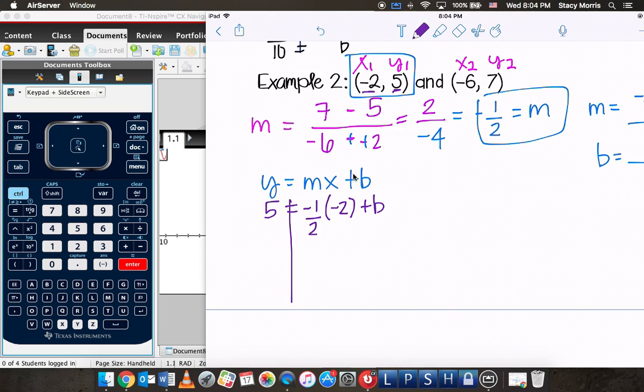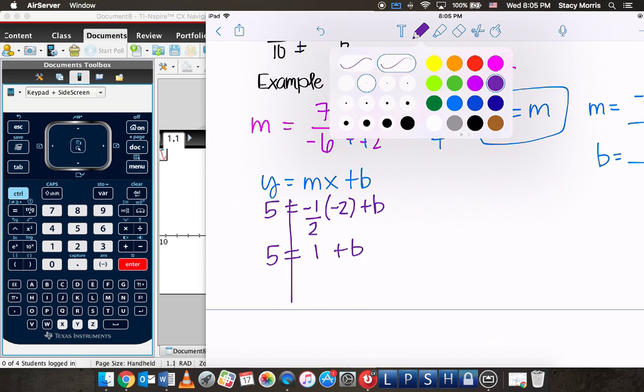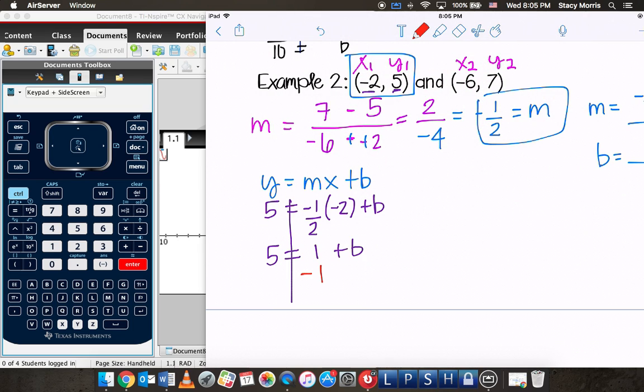So I multiply, so this is -1/2 times -2. So the way I read that is half of 2. A negative times a negative is going to be a positive, and half of 2 is just 1. So this is going to be 1 equals, on the other side 5, we still have plus b. All right, I'm solving for b, so I'm just going to subtract this 1 to get it to the other side. 5 minus 1 is 4, so b equals 4.